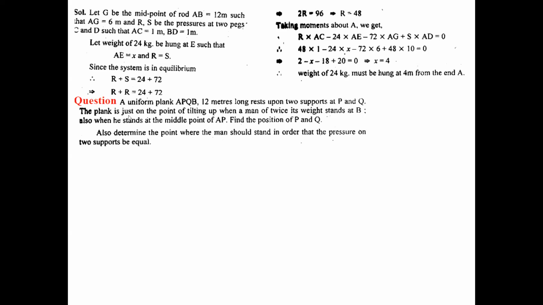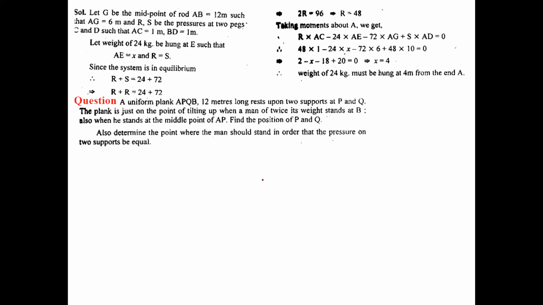The plank is just on the point of tilting up when a man of twice its weight stands at B. So when a man stands at the end B of the plank, it is in the position of tilting up. That means it will be like this. I show you.